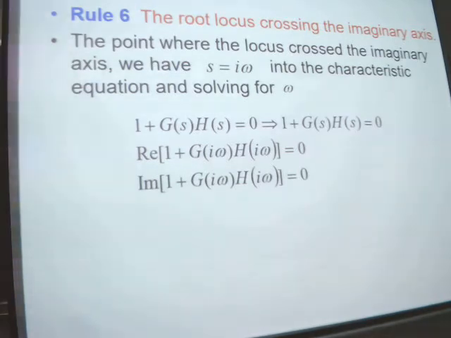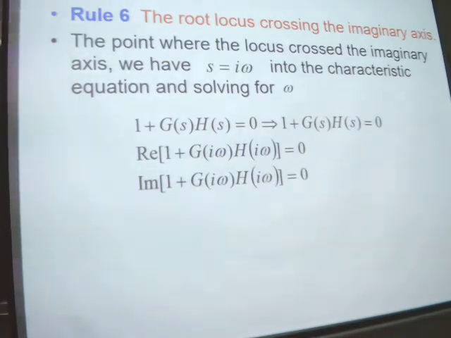For this equation to be equal to 0 means that the real part of this complex number is 0, and the imaginary part of this number is also 0. So the real part is 0, and the imaginary part also is 0.